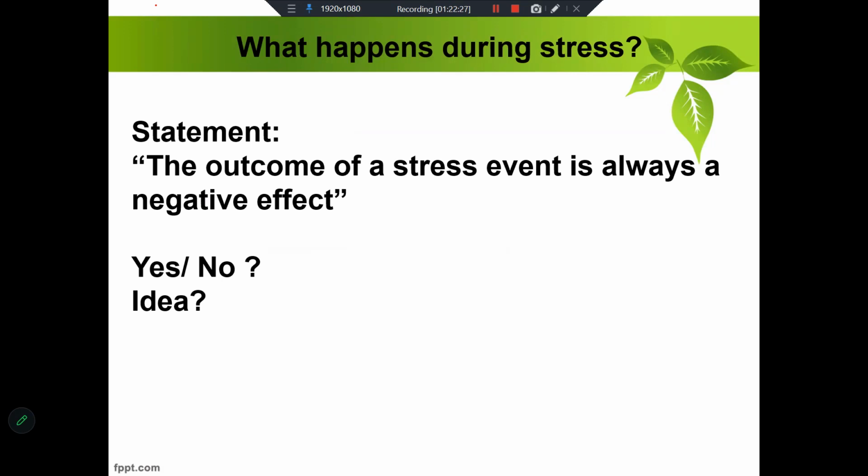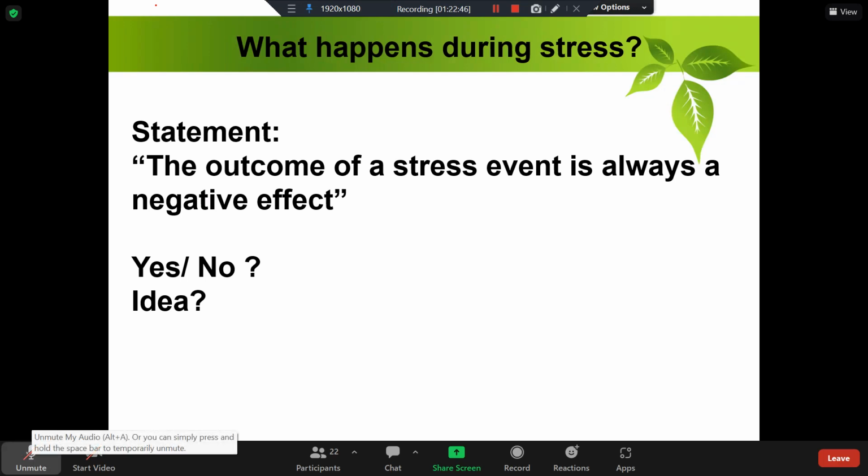If it is yes, why is that? If it is no, why is that? What do you think? Will the outcome of a stress always be a negative effect? Let's talk from the plant's perspective. Will that be a negative effect?